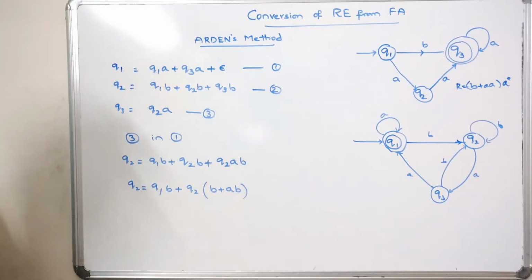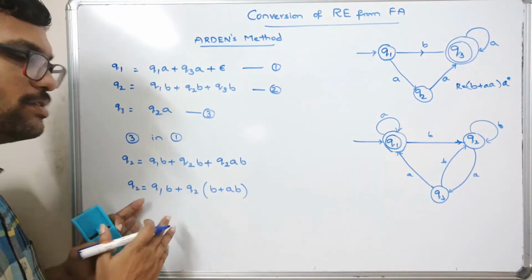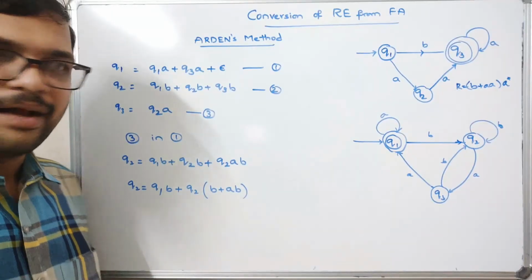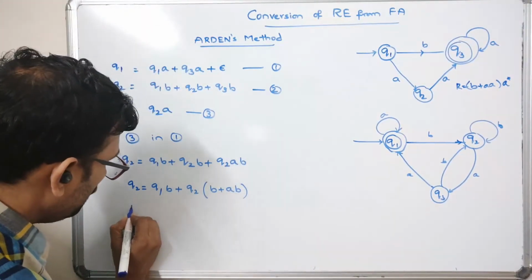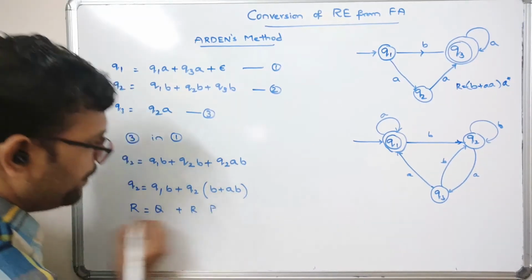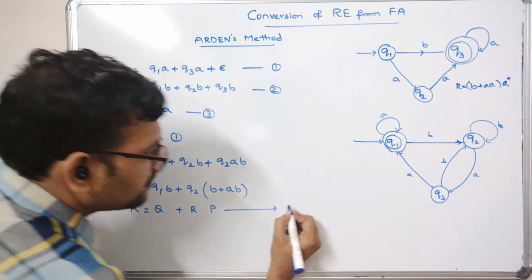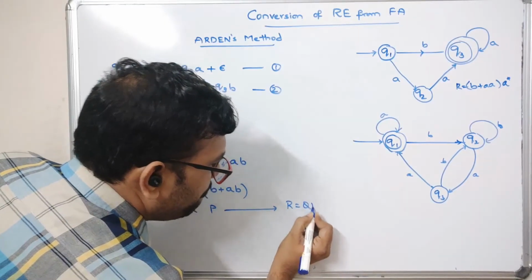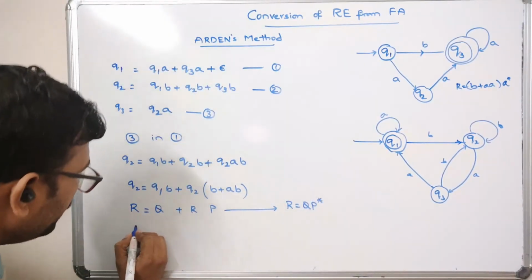Here you can see this is also in the format of Arden's theorem, that is R is equal to Q plus RP. So we can replace it as R is equal to QP star. Simply you can write it here.